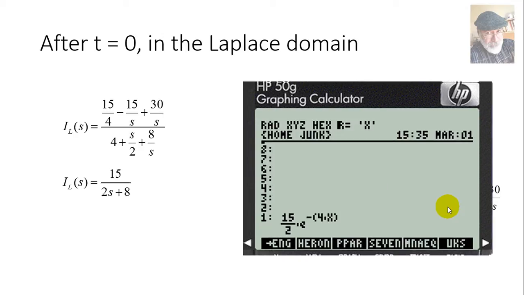Inverse Laplace, and that is our current: 15 over 2 exponential of negative 4t. An exponential with a time constant of 1/4 of a second, and that is the solution to that challenging exercise according to your textbook.